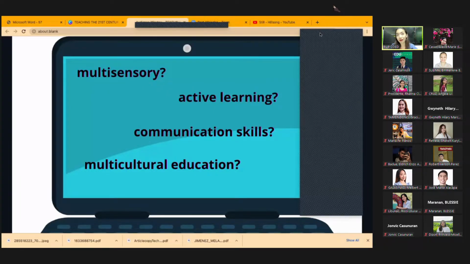With the internet and with the phones, with their social media, TikTok, Instagram, somehow they get access to different cultures, values, beliefs. So why should we aim for multicultural education? Because here they will develop tolerance for other beliefs, values, and part yan ng educational technology, diba?